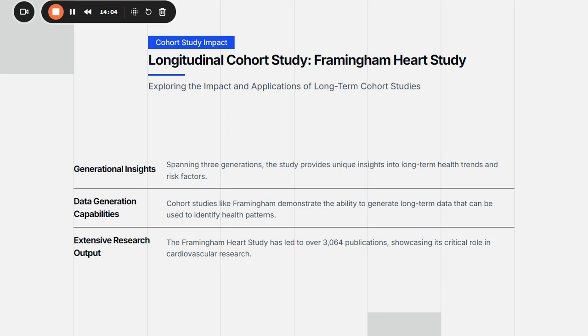Similarly, this helps in creating data which might be useful in conducting certain other studies. Along with that, it is very useful for extensive research output. For this Framingham Heart Study, there were nearly 3,000 plus publications using the Framingham Heart databases. So you would be able to understand how important such cohort studies are. But due to the difficulties in conducting and following up, and the expenditure, usually cohort studies are not taken into consideration. But if conducted properly, a lot of outcomes can be determined.